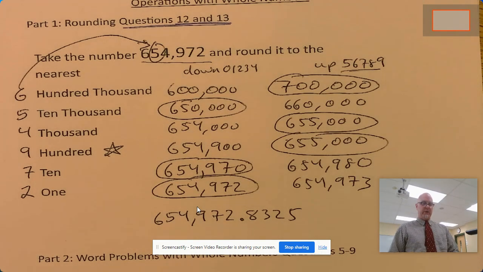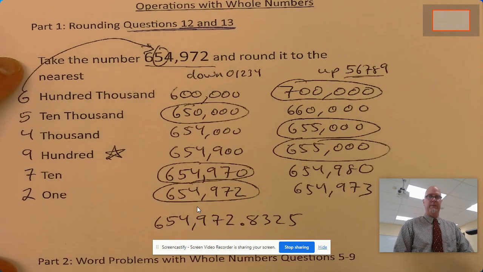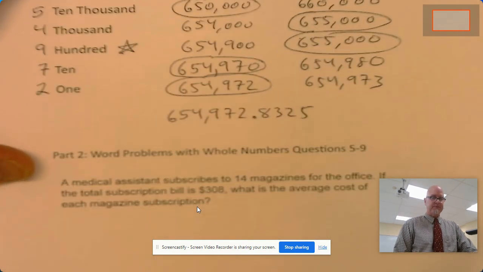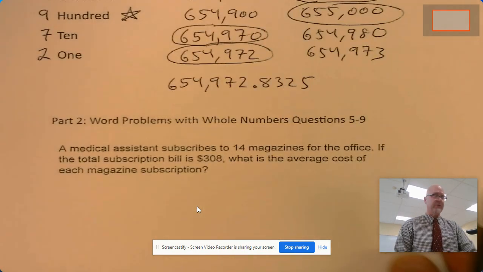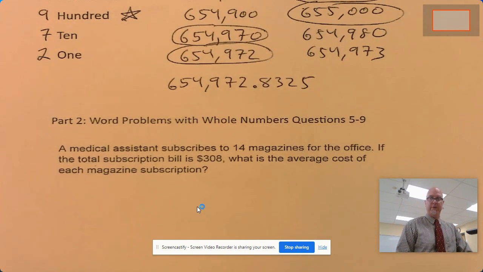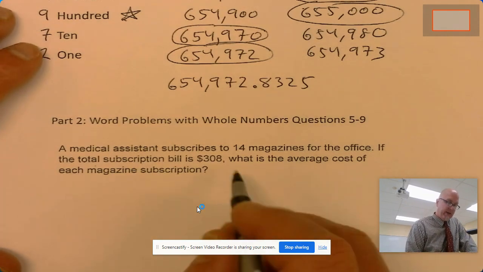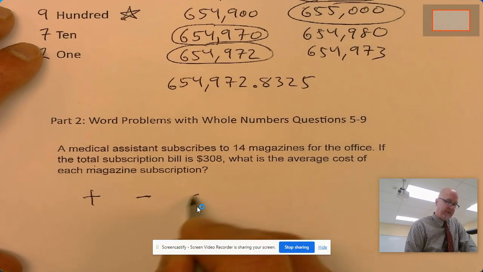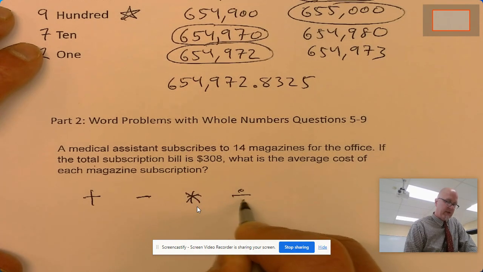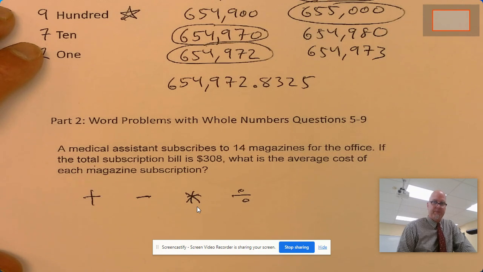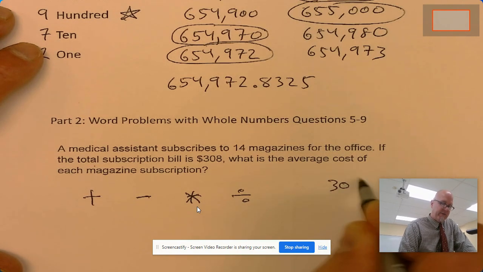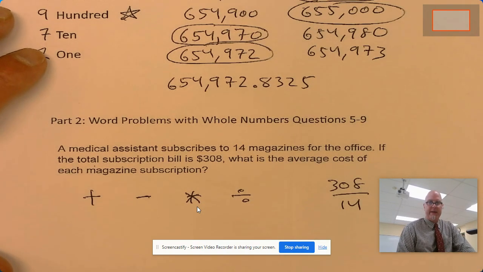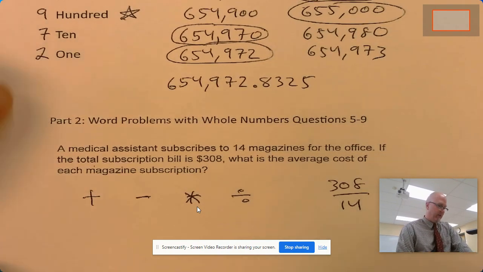You'll see that in questions 12 and 13 in the My Math. Then we have some word problems, and those go with questions 5 through 9. In a question like this, you might be doing addition, subtraction, multiplication, or division. In this case, it's 308 divided by the 14 magazines, and I believe that came out to be a nice even number.